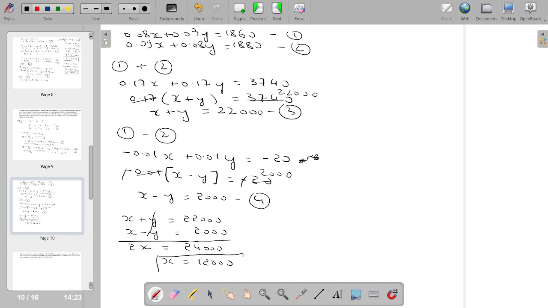Now use either equation 3 or 4 to find the value of y. I'll be using equation 3. From 3, x plus y is equal to 22,000. x is 12,000 plus y is equal to 22,000. If you move 12,000 to the RHS, y is 10,000.